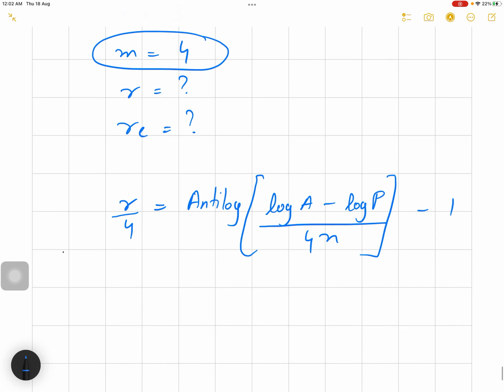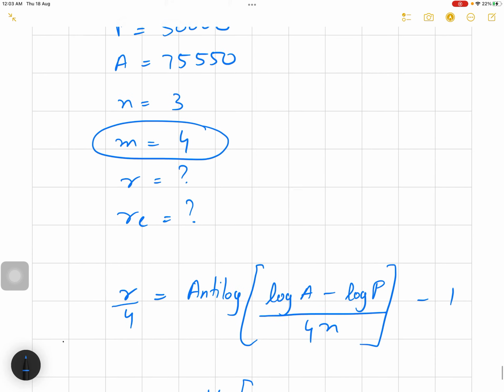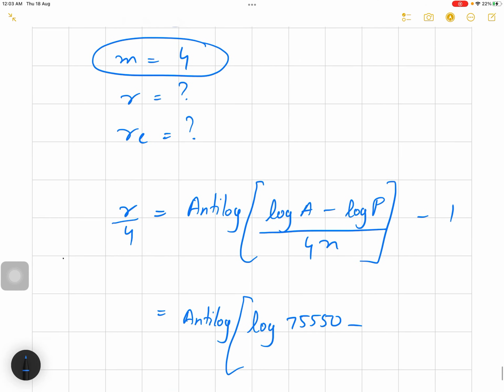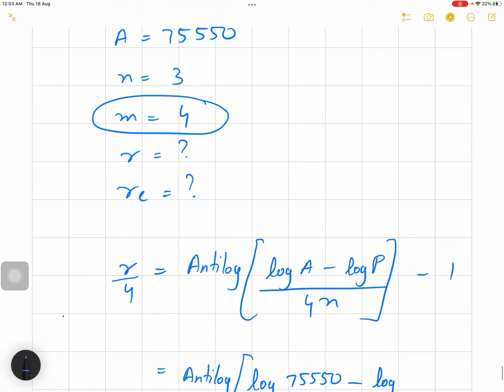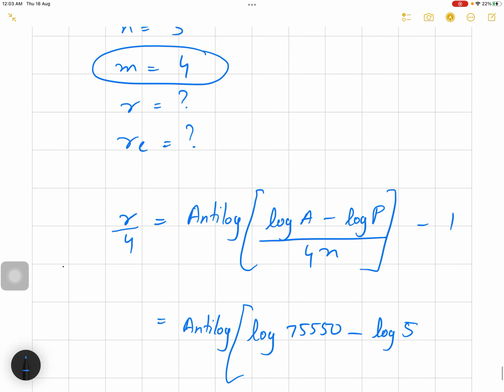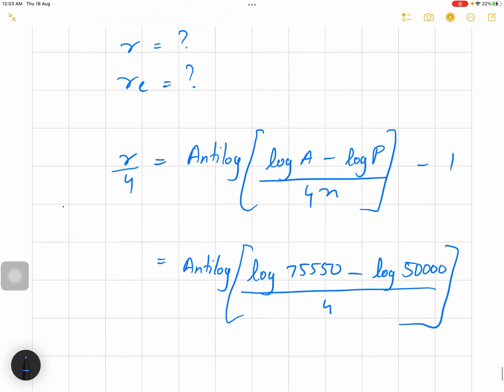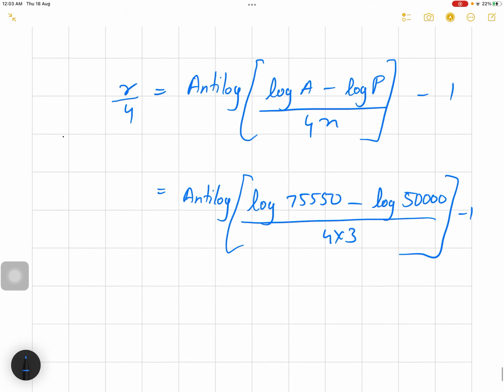So let's substitute: anti-log of (log 75,550 minus log 50,000) divided by 4 into N. N is 3 years, so 4 into 3, minus 1.